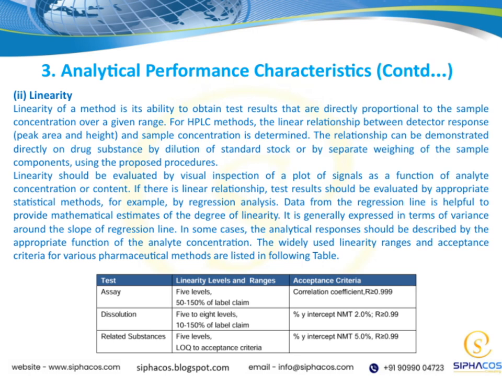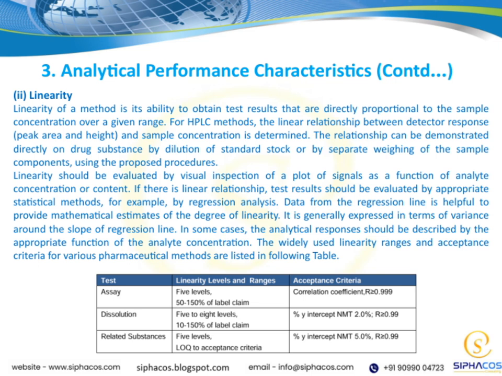To evaluate linearity, we typically start with a visual inspection, plotting the signals against known concentrations. If the plot looks linear, we then confirm this with statistical methods, like regression analysis, which provides a mathematical measure of how well the data fit a straight line. The regression line gives us important information, specifically the degree of linearity, often expressed as the variance around the slope.